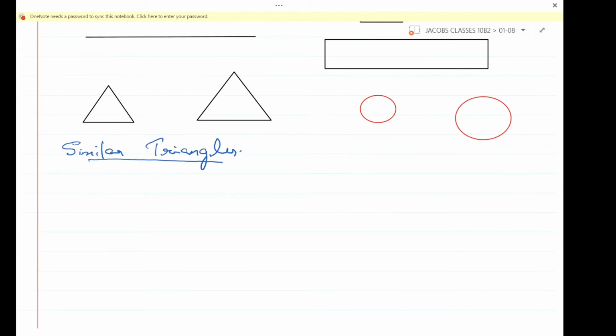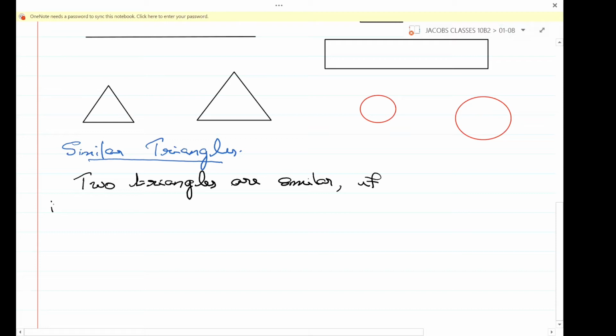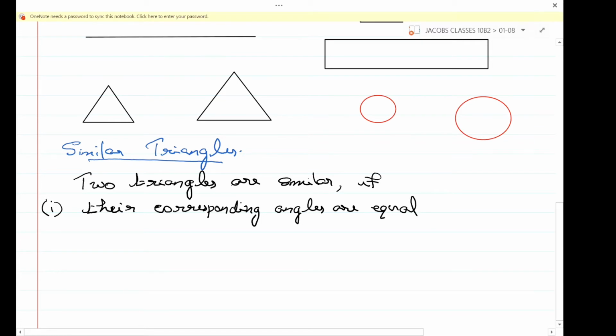Two triangles are similar if, point number one, their corresponding angles are equal.